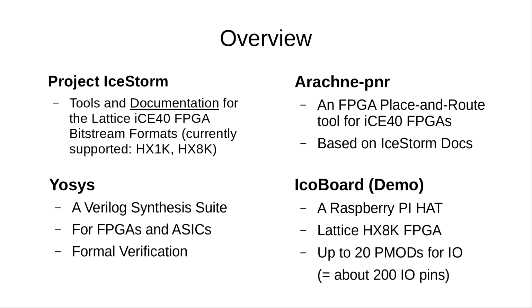In particular, right now we support the HX1K and HX8K FPGAs. In theory, we should also support the LP1K and LP8K, because they just have different timings, but the bitstream format is absolutely identical.